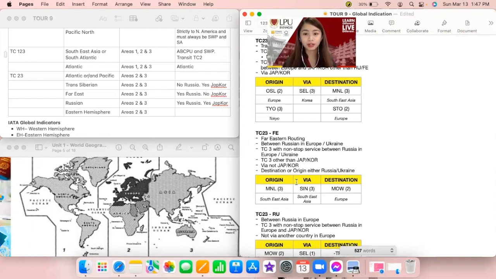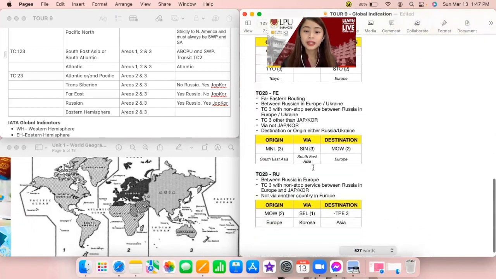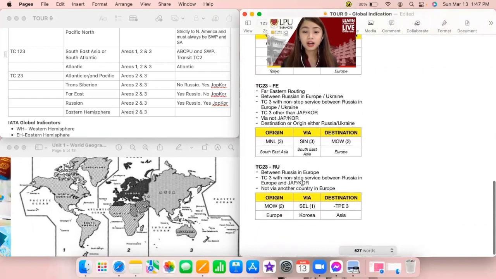Japcore is Japan and Korea. As for example, Southeast Asia, Europe, hindi ka dumaan ng Japcore. Eh dito sa kabila, sa Trans-Siberian, dumaan ka ng Korea, Japcore, o di ba? Tapos sa TZ23RU, Russia, pwede ka sa Russia, pwede ka sa Japcore. Walang rule. Pwede. Malayang-malaya ka.